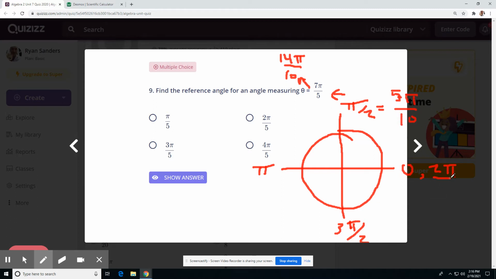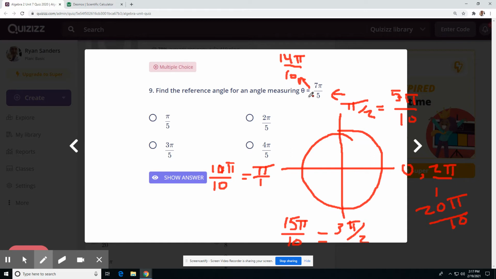This one is over 1, so times 10 times 10, 20 pi over 10. Times 5 times 5, this one is 15 pi over 10. And times 10 times 10, that would be 10 pi over 10.